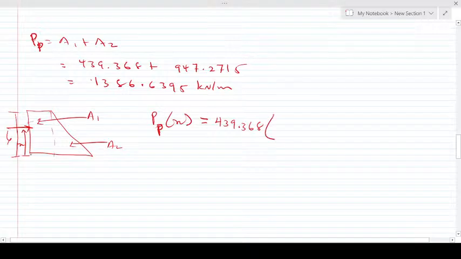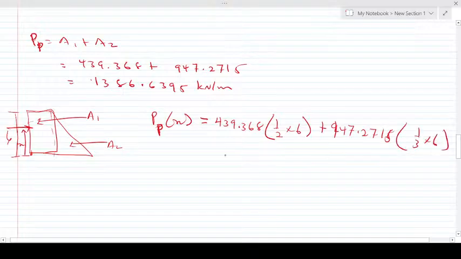So since A1 is simply a rectangle, we have half of 6 plus A2. A2 is a triangle. So A2 is, we have the area 947.2715, right? By 1/3 of 6.